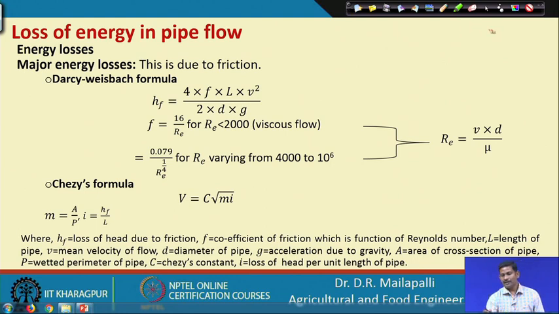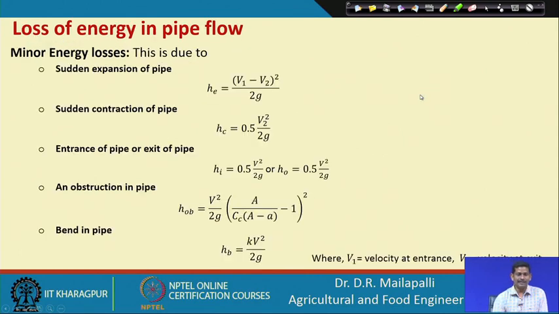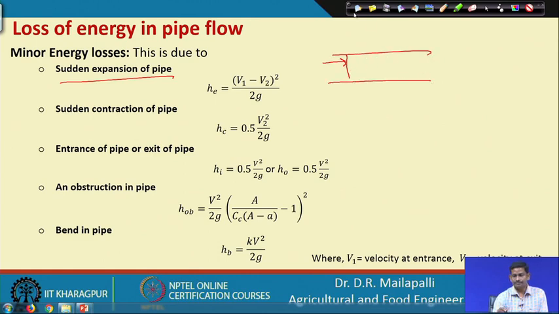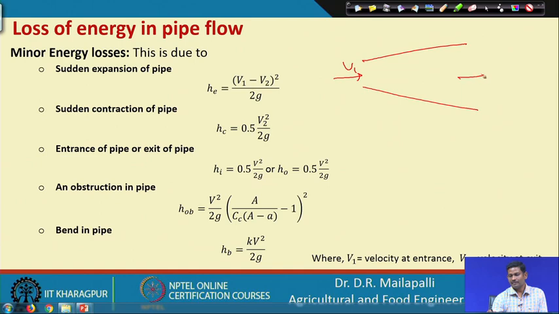With these two equations we are going to find the head loss due to friction. Then there are some minor head losses, due to sudden expansion of the pipe, that is V1 minus V2 whole squared by 2g. Suppose you have a pipe with a sudden expansion, like this, with V1 here and V2 at this point.